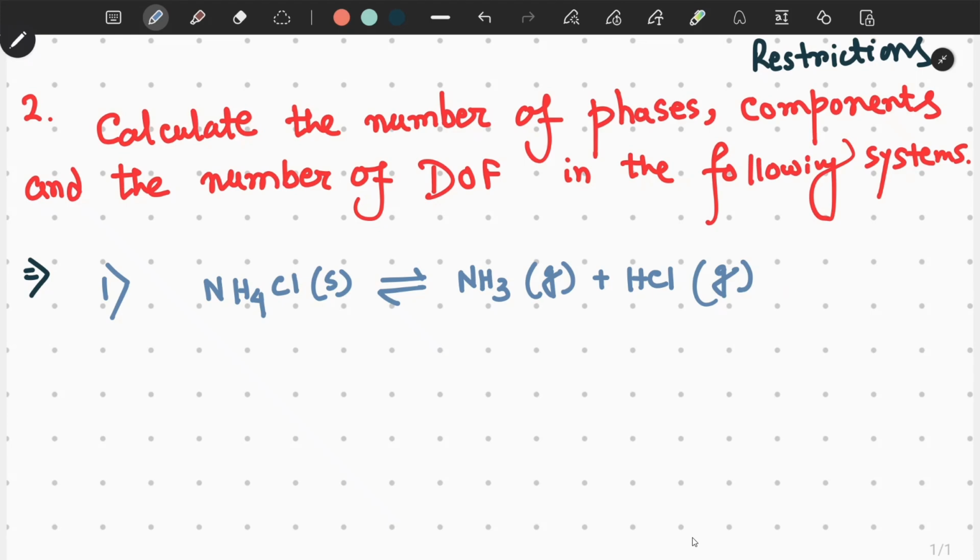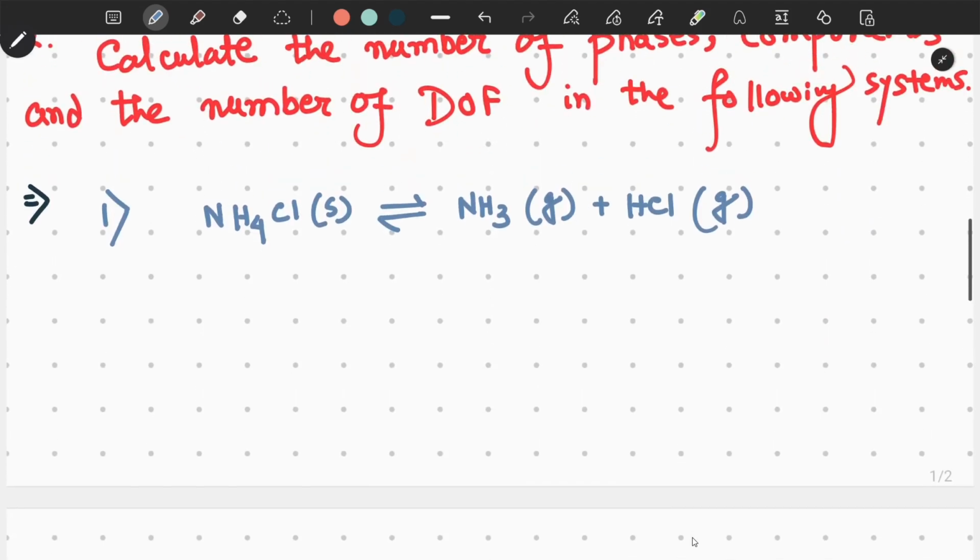So now try to calculate. It might be wrong, but right. Component is 3, phase is 2, and degrees of freedom is 3. Let us check.